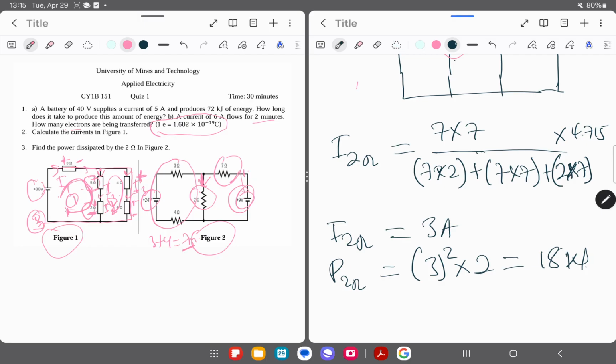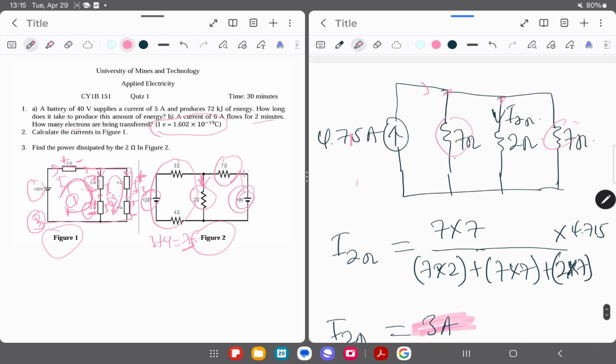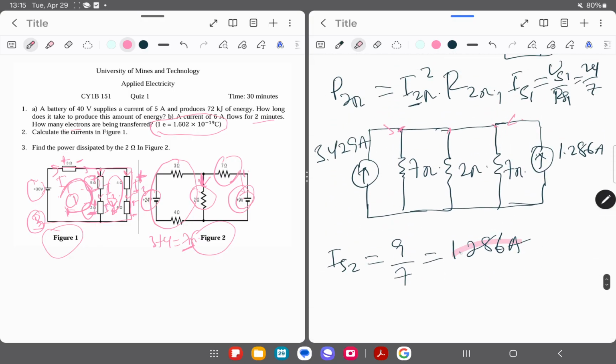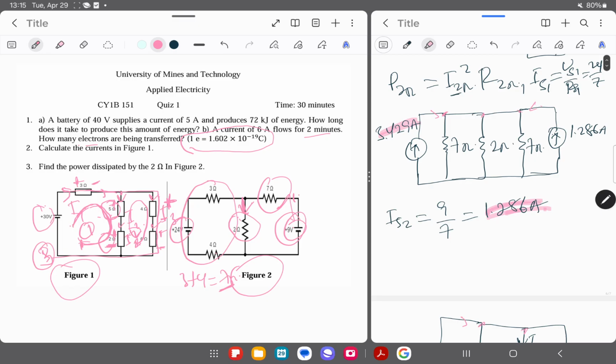So we get the answer here to be 18 watts. So this is the solution. Let me indicate these ones here. Okay, so that was the solution for quiz 1.